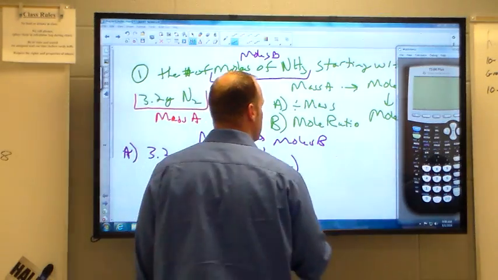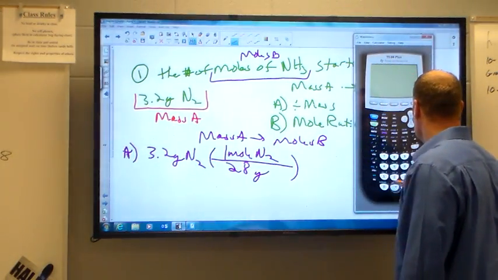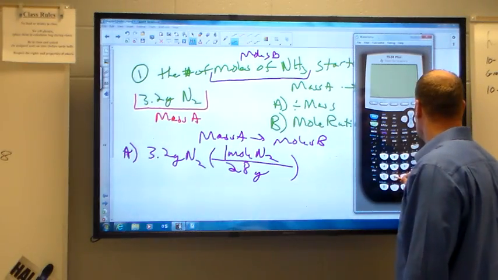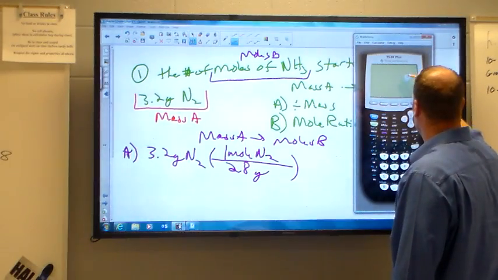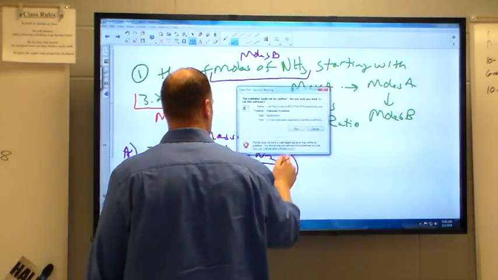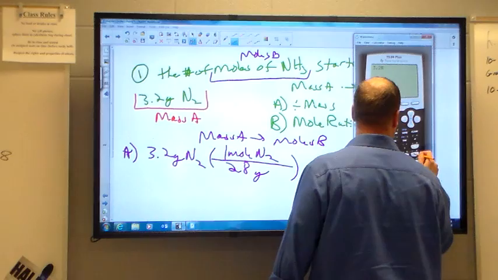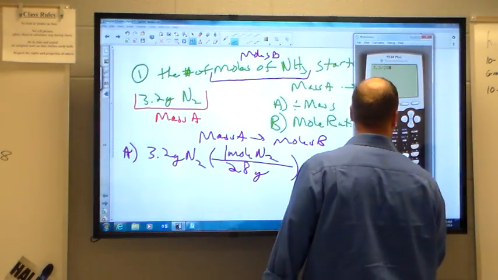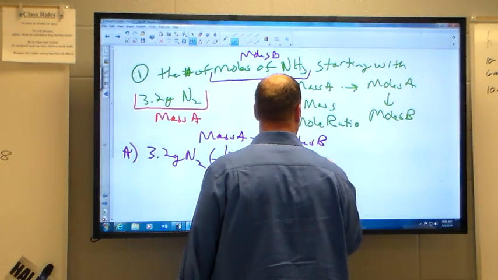So we get 3.2 divided by 28. Well, why is it not working? Anybody got your calculator handy? 3.2 divided by 28, if you get it. 0.114.